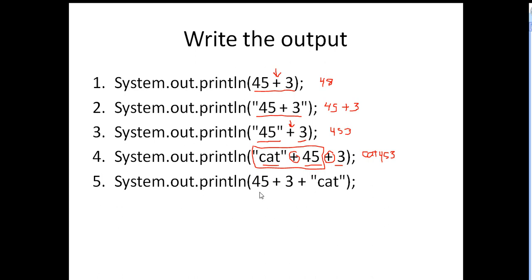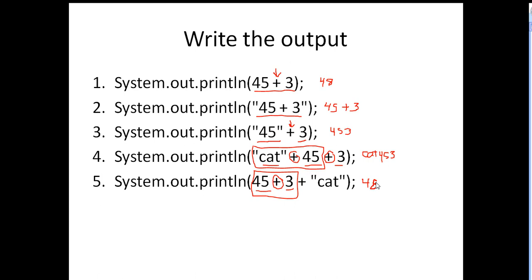The last one on this page, you have a numeric data and a numeric data. So those can be added together, so the plus sign now is an addition operator, and so it performs the addition. Because remember, the compiler works from left to right. So the first thing it deals with is adds two pieces of numeric data which become 48.